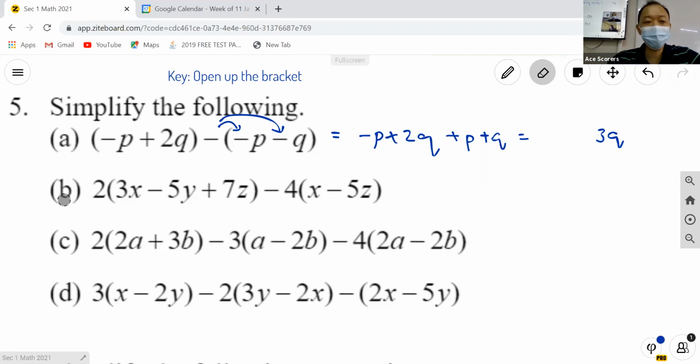Anyway, can you do B? While we are chit-chatting, they're actually doing B. Cool. Blossom doing B. We got a pencil case for you, there's no pen. Don't worry, I got a lot of pencil cases here.